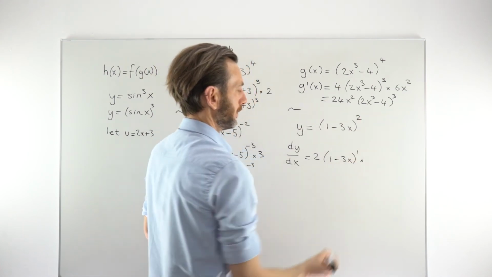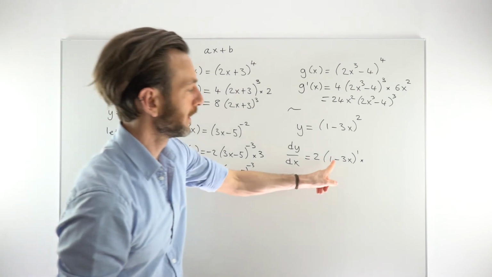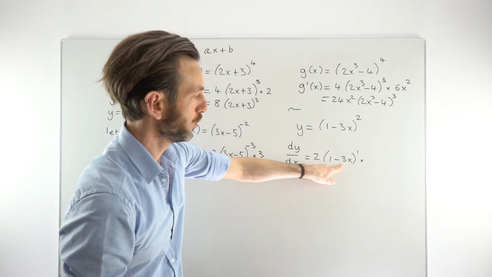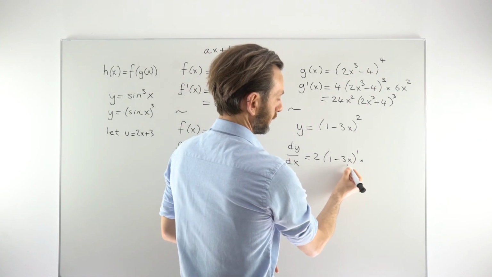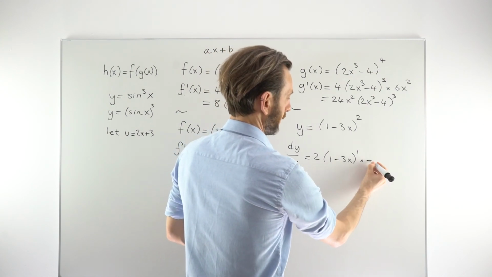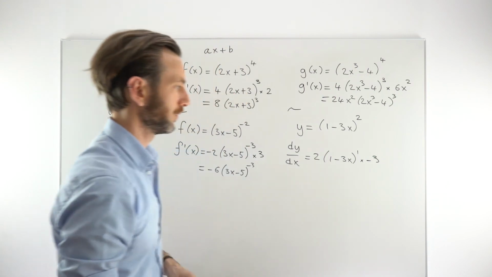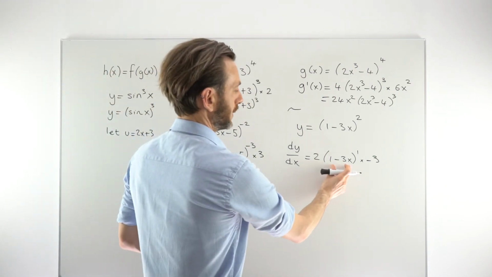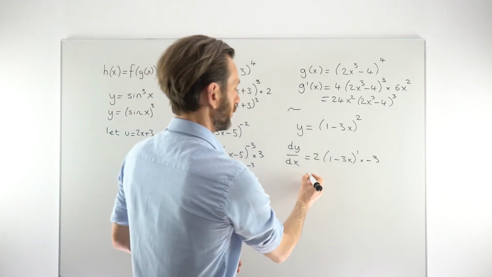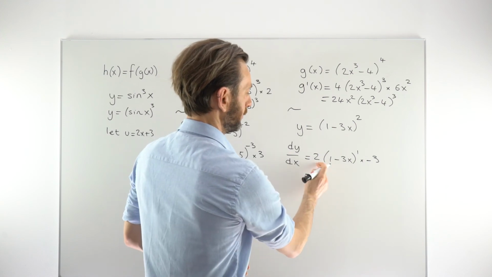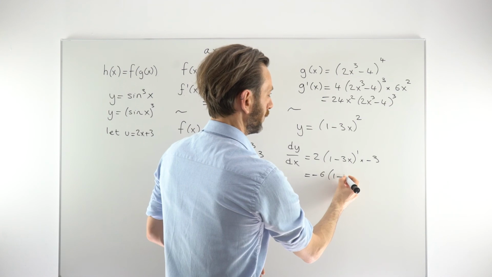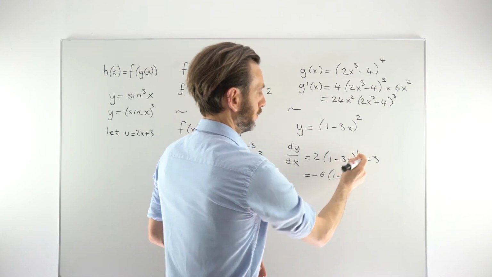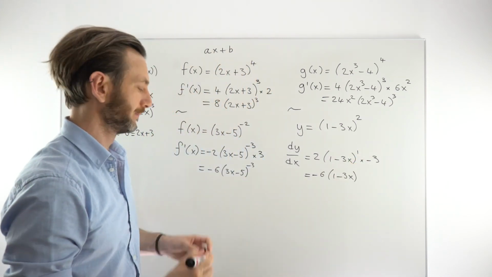Now we're going to times that by the derivative of the inside. This guy's been spun around because the coefficient of the x is negative. So it just means that we're taking the derivative of this guy here, which is minus 3. So nothing really different there. It was just a different internal polynomial function. And then just tidying that up by multiplying these together. So minus 6 bracket 1 minus 3x, and then we'll just drop the 1 to leave it like that.